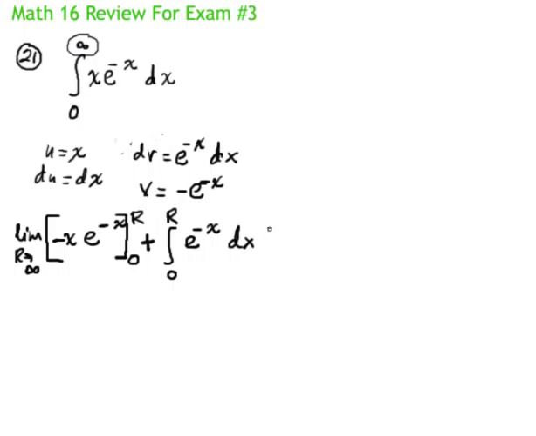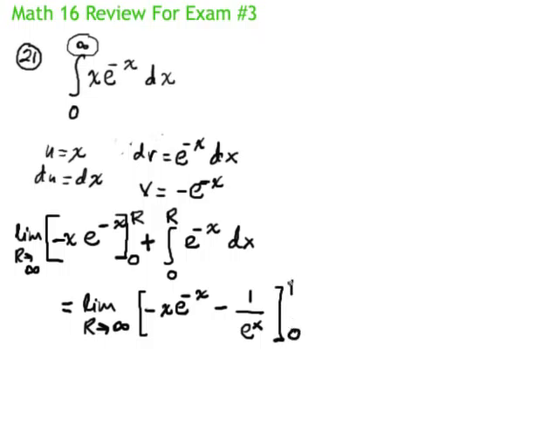All right, so let's go ahead and finish the integration. Okay, integrating this, we have minus e to the minus x. I'll write that as 1 over e to the x. Okay, now what happens when r goes to infinity? Well, first we'll substitute in r and then see what happens.